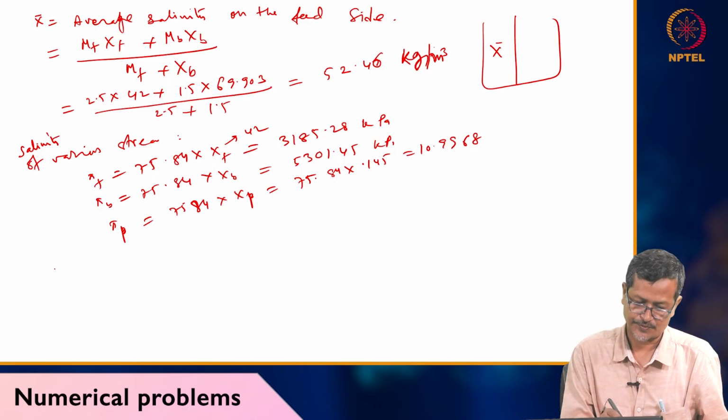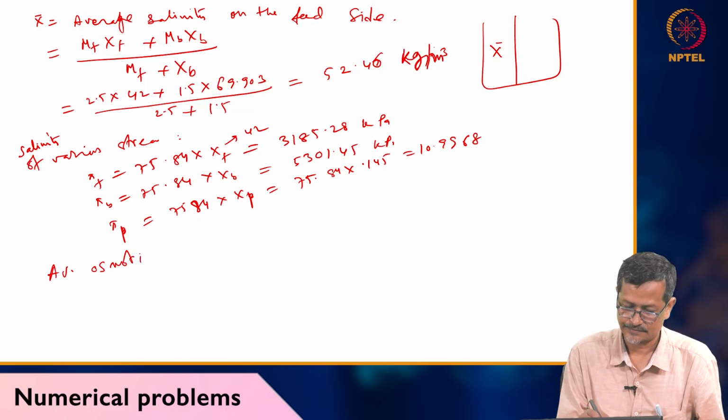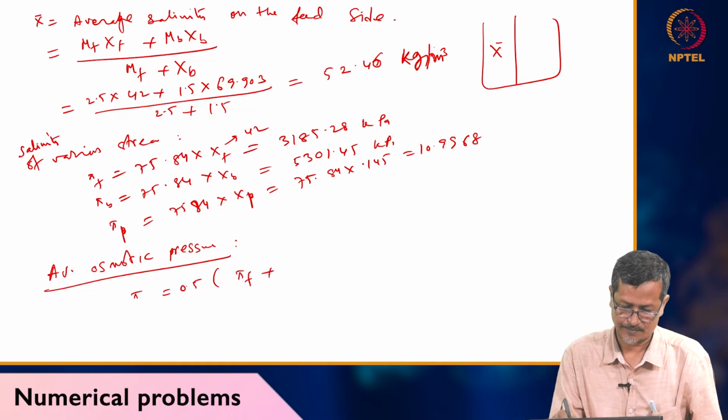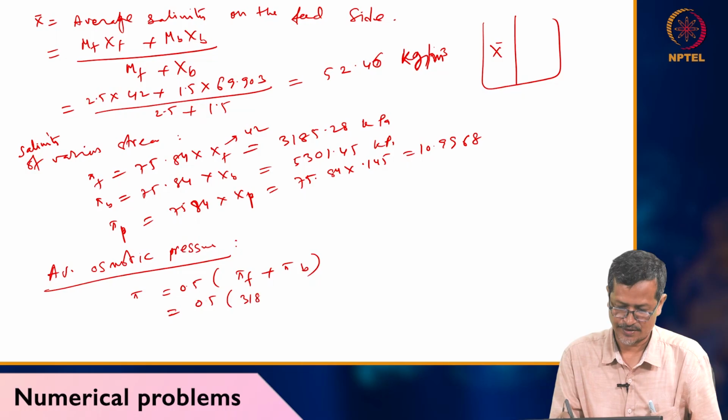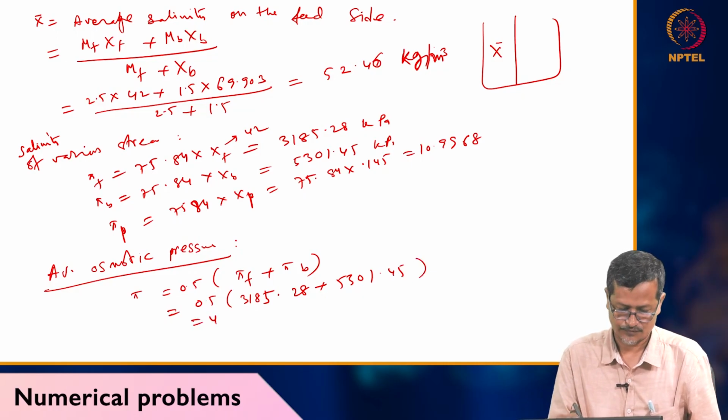Now average osmotic pressure. Pi bar equals 0.5 times pi f plus pi b. So this is giving 0.5 times 3185.28 plus 5301.45 equals 4243.366 kPa.